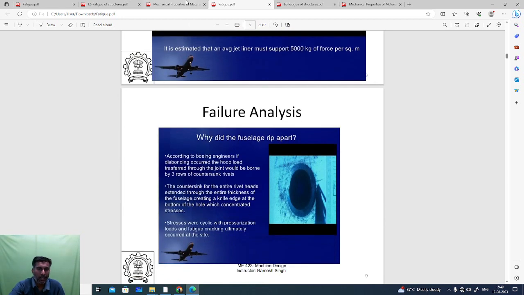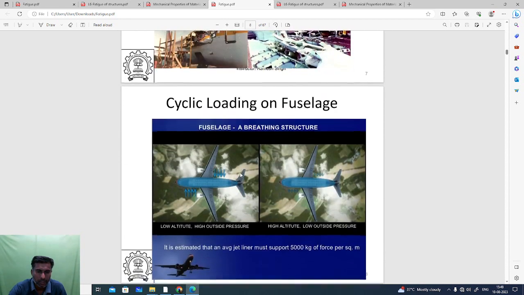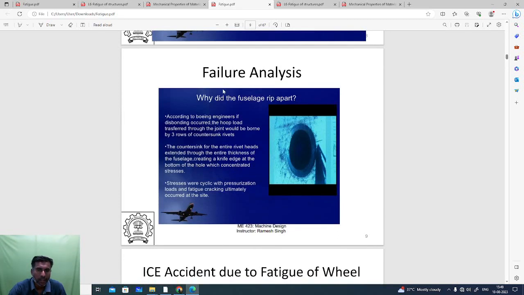So next, the fuselage failure part, how it fails, they are analyzing. Failure analysis: according to the Boeing engineers, if disbonding occurred, the hoop load would be transferred through the joint, and by three rows of countersunk rivets.